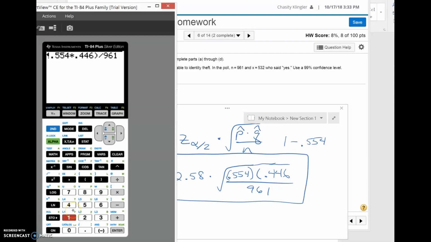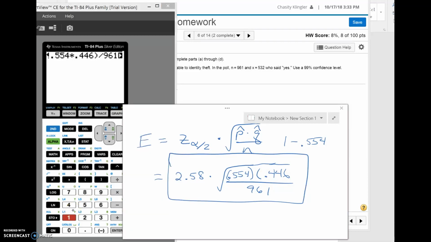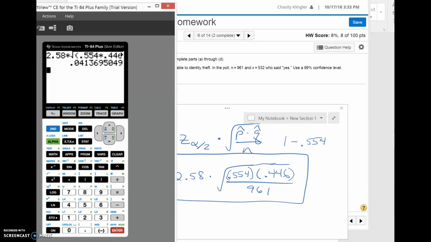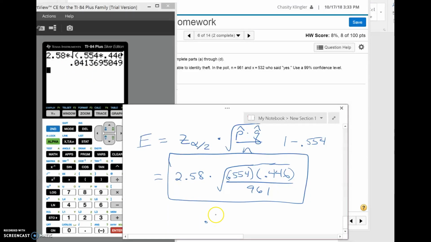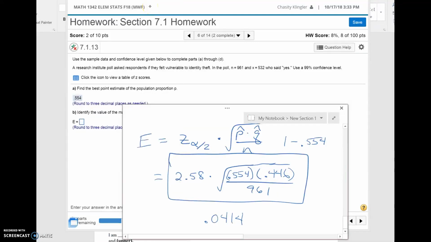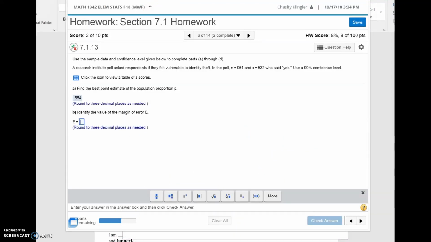I want to make sure that all of that is under the square root. And so I get 0.0413 or 14. And I'm not sure how many it told me to round to. It told me to round to 3, so 0.041.